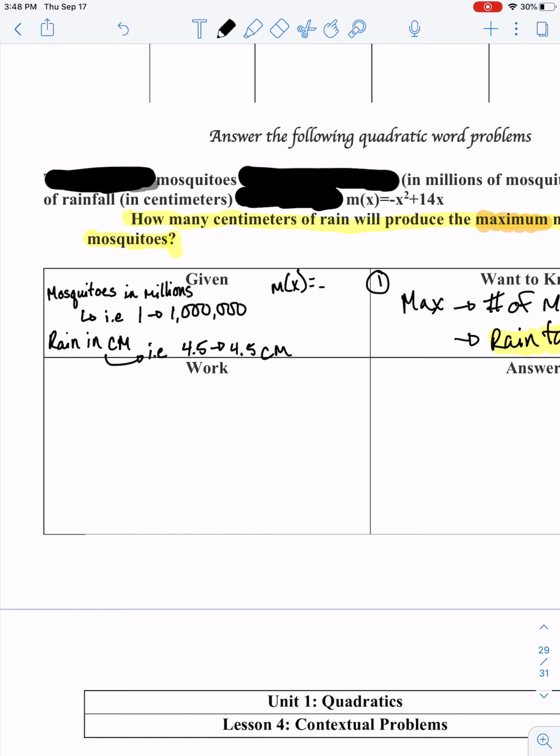Okay. Now last but not least, I'm given m of x is equal to negative x squared plus 14x. Now, f of x, m of x, p of x, q of x, s of x, t of x, r of x, I don't care. Something of x, okay? I'm actually going to bring this over here.